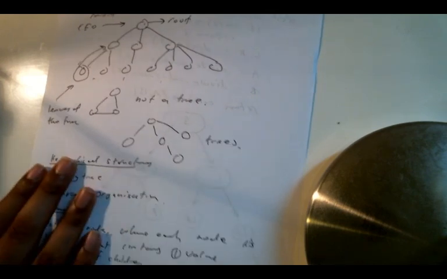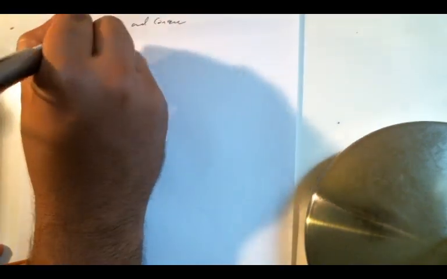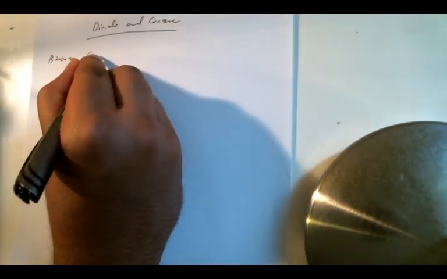Let's get some more paper. Okay, so let's go back to divide and conquer algorithms. And I'm going to introduce this structure called a binary search tree.